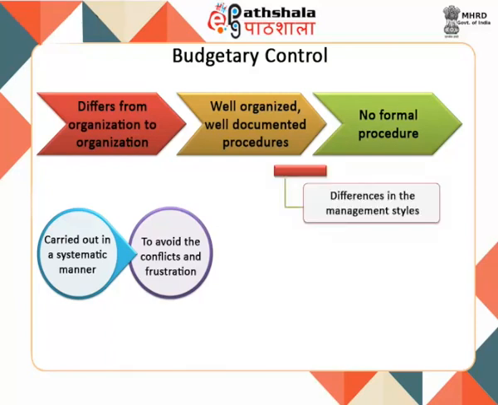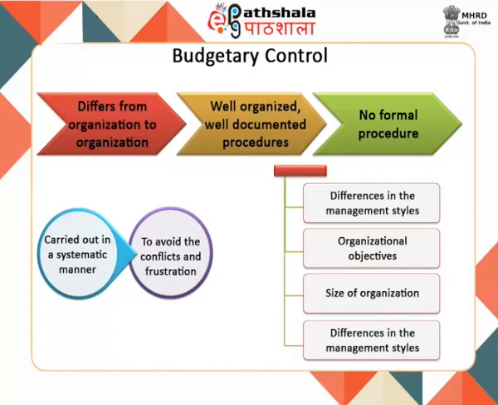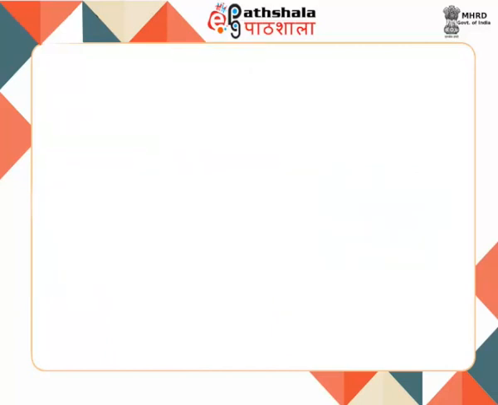Differences in the management styles, organizational objectives, size of the organization, nature of business, and similar factors have bearing on the procedures to be adopted by an organization in the budgeting process.